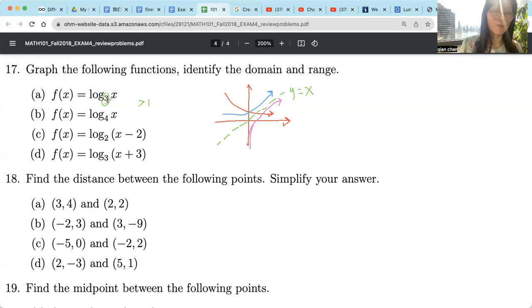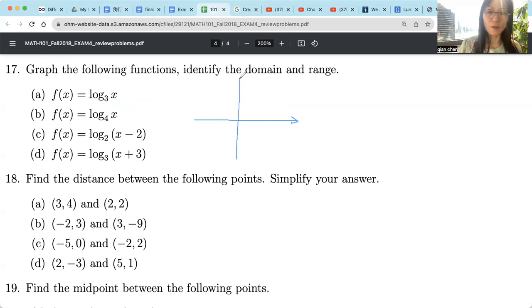Log function, base 3, base 4, base 2, for all the bases greater than 1. And usually when we talk about log, we want the base to be greater than 1. So that is to say, let me just re-graph, just graph 1. Our graph of log, I'm going to use red color to graph.